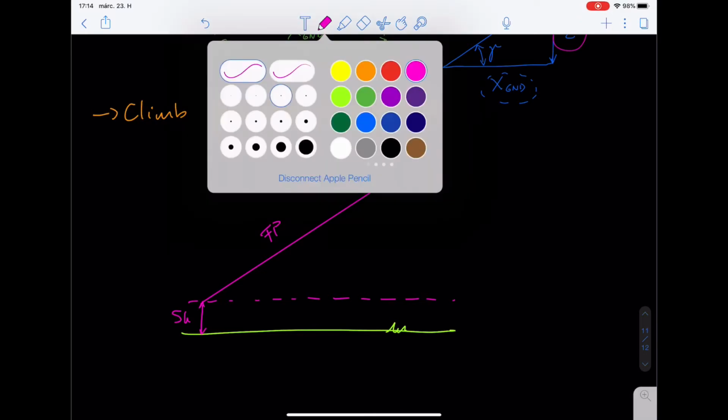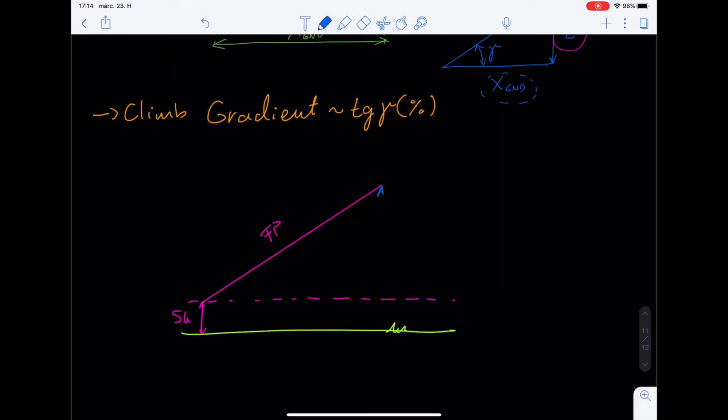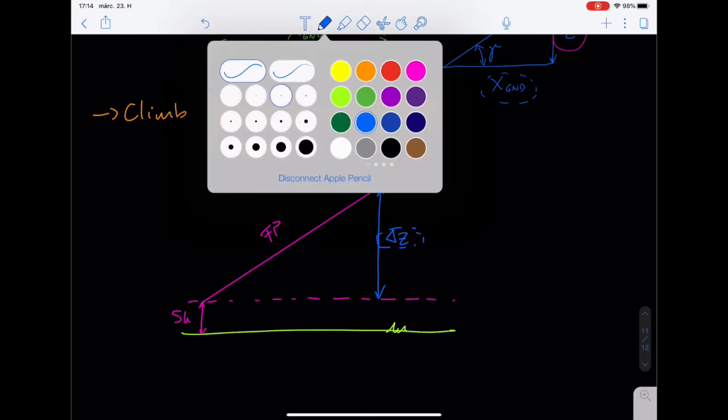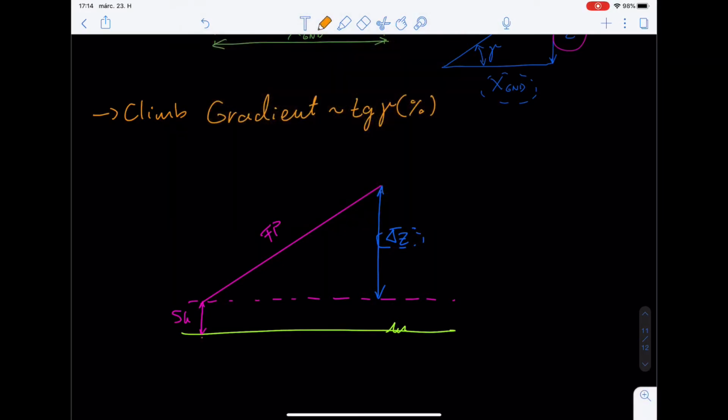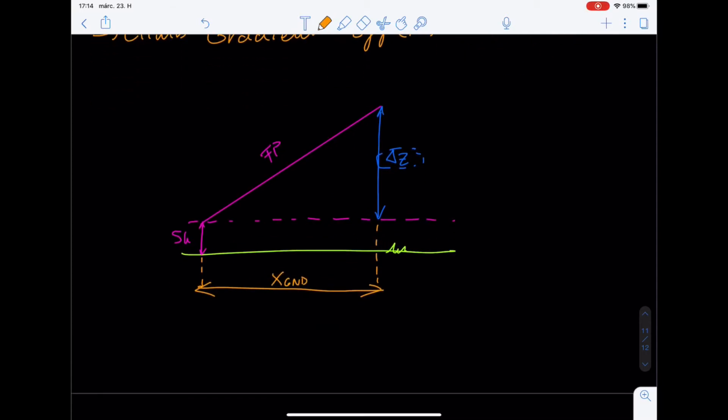And let's say I'm interested in finding out what is the distance, the delta z that I cover. So what is the height which I gain over the distance which I cover on the ground. So this x, g, and d.